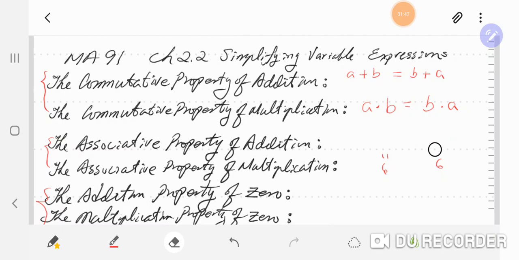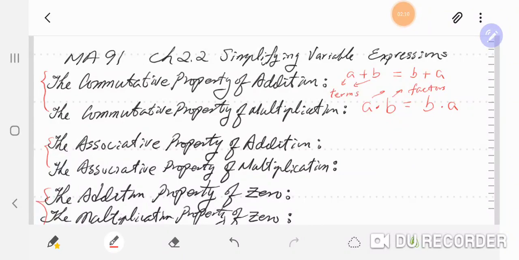In a multiplication expression, we call A and B factors. But for addition, A and B are called what? Terms.